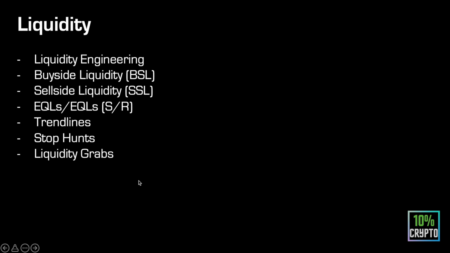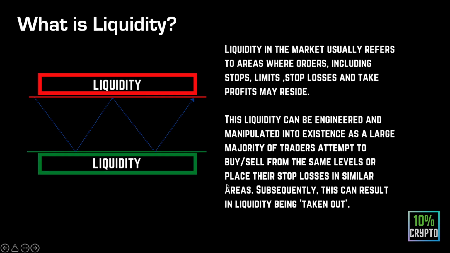So what is this concept of liquidity engineering, right? If we come back here, this is called a range. This is what most of retail will know a range to look like. Just two levels, support and resistance, bounce, bounce, bounce. Price is just moving. When price is doing this, what are the normal retail traders doing?